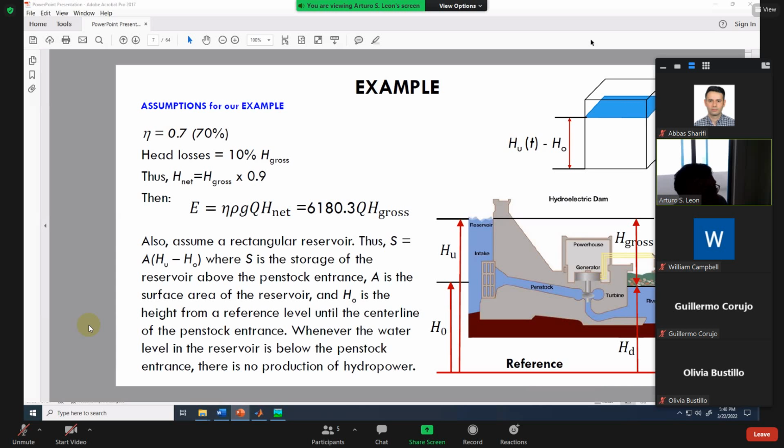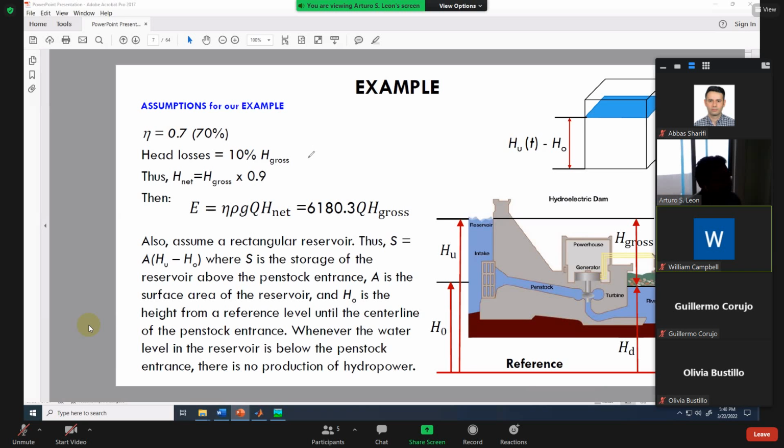And then also, the head losses are the losses that happen by friction or by local losses. I assume that everyone took fluid mechanics. Okay, so you know what head losses means, right?